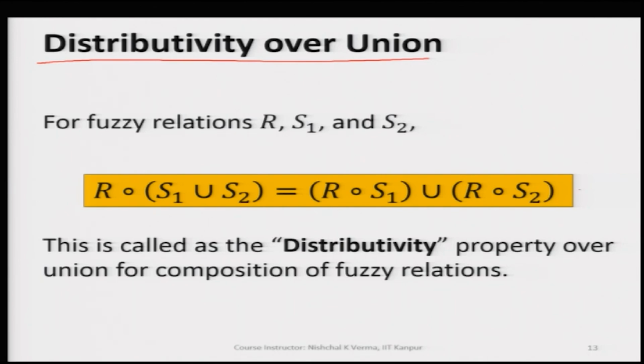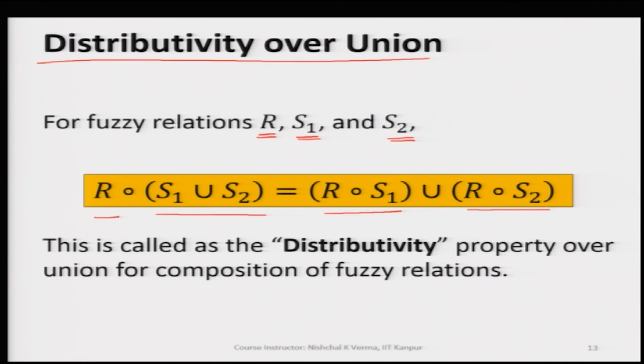If we have fuzzy relations R, S1 and S2, defined in the universes of discourse as we have already discussed, then the composition of R and the union of S1 and S2 is equal to the union of the composition of R and S1 and the composition of R and S2.